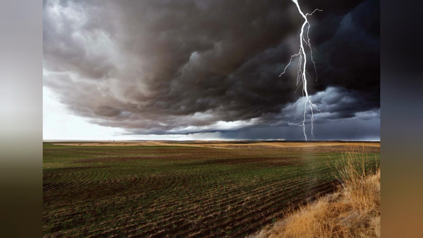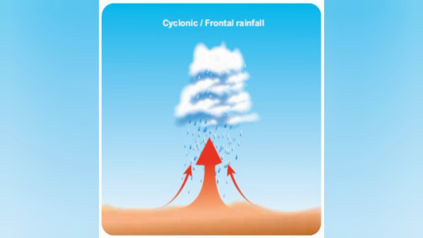The third type of rainfall is called cyclonic rainfall, which happens along with cyclones as well as depressions. This type of rainfall happens because when the temperature of a region is high, low pressure is created, which enables the air to rise and a vacuum to be created. Whereas the regions which are cooler have high pressure.